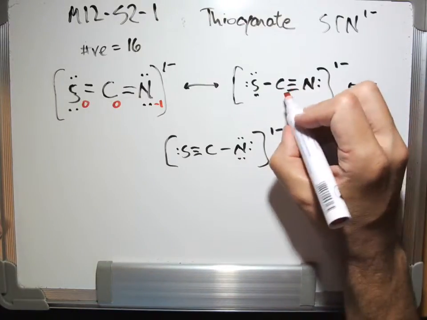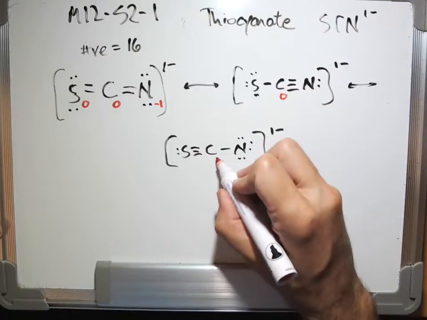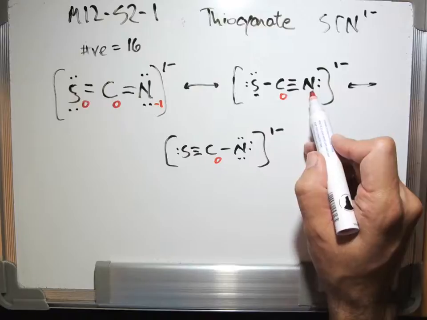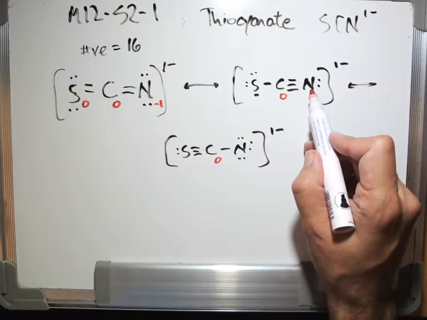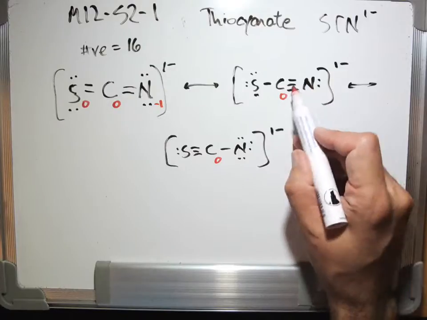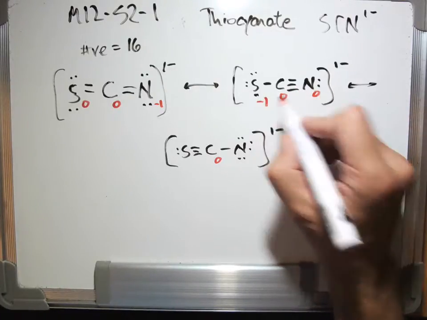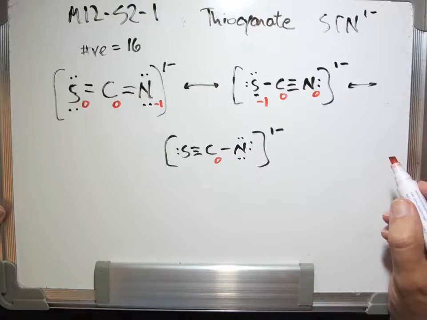In all of these cases, that carbon is 0. But in identifying what the formal charge is now on this particular nitrogen, well, it's in group 5. We had 5 minus the sum of 2 and 3. That is 0. Here, the sulfur carries a -1 charge.